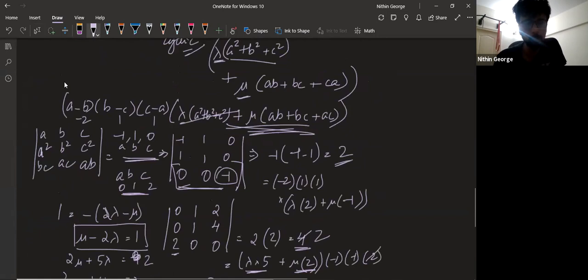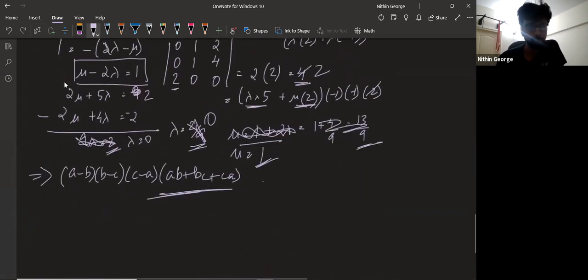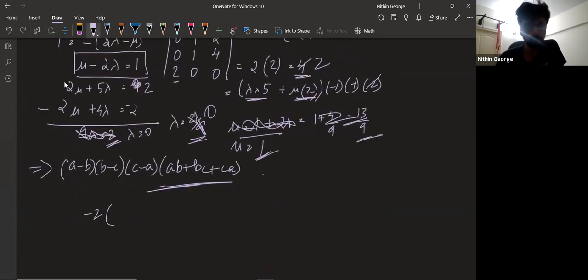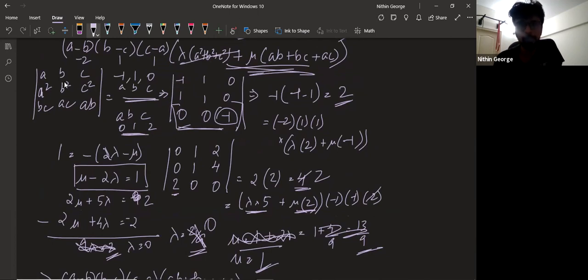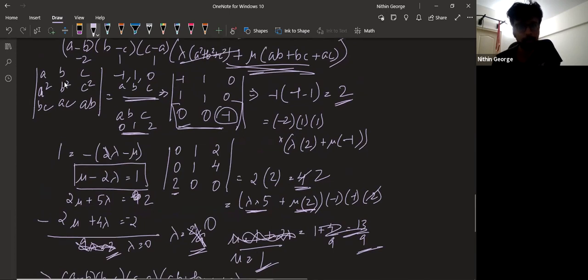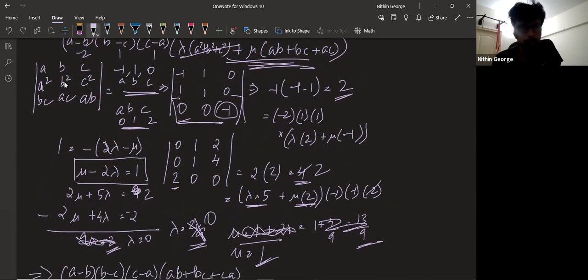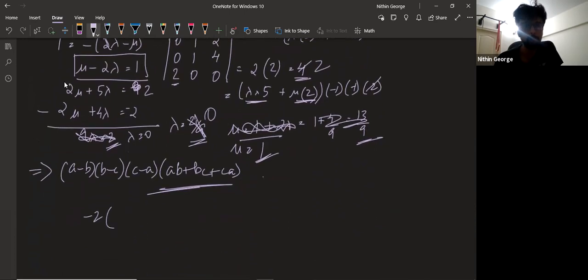So you get minus 2 here. And then you get 2 lambda minus mu equal to 2. Sorry. This minus 2 is there. 2 lambda minus mu equal to minus 1, or mu minus 2 lambda equal to 1. Mu minus 2 lambda equal to 1 is one equation I get.